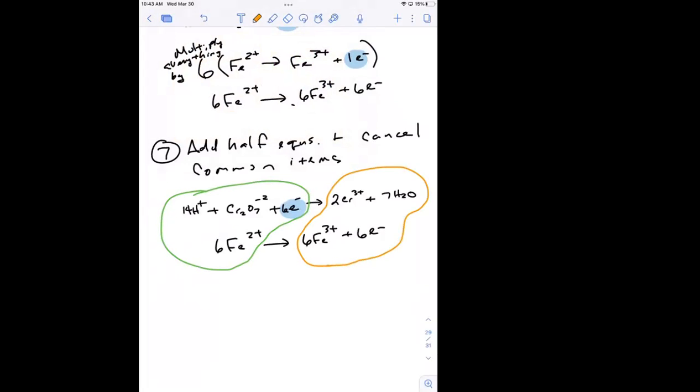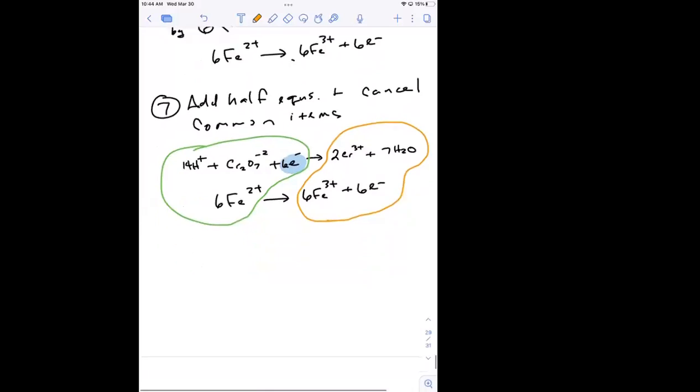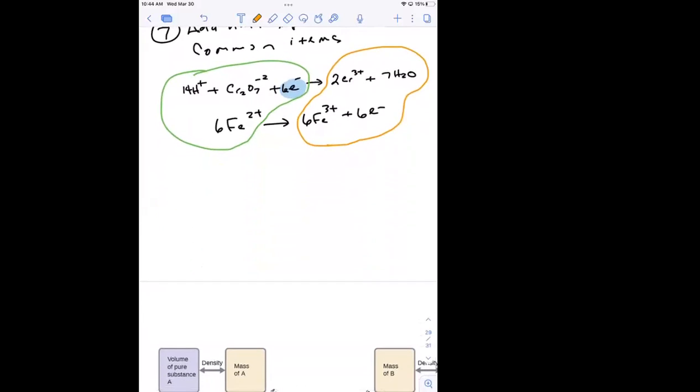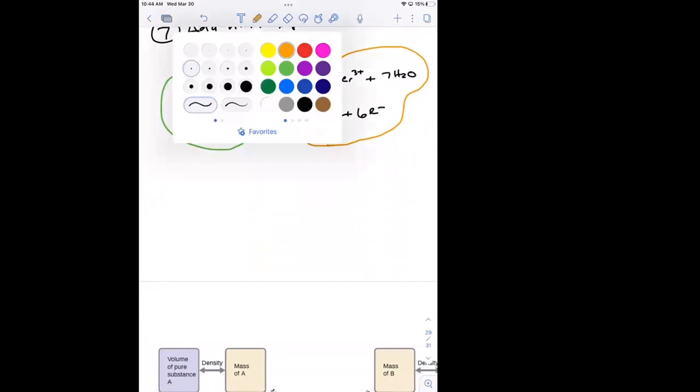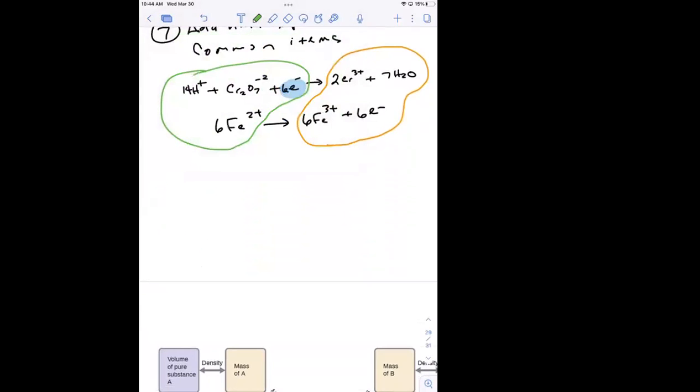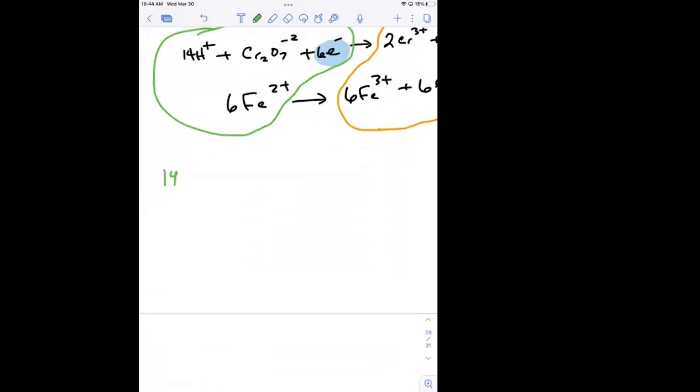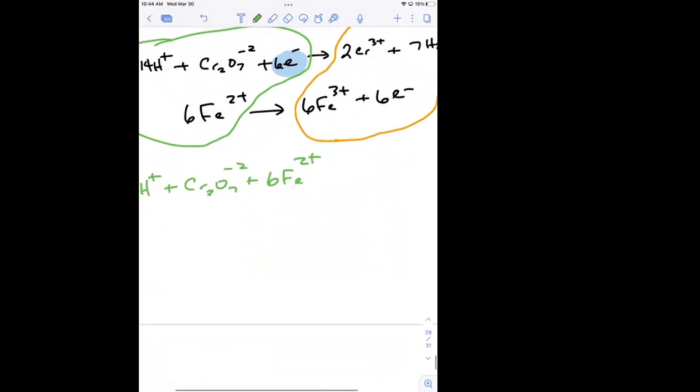All right. Is that right? So the left side now is going to look a little bit different because it's going to be everything, right? So I'm going to write that in this color right here. So it's going to be 14H+ plus Cr2O7 2- plus 6Fe2+ plus 6 electrons.